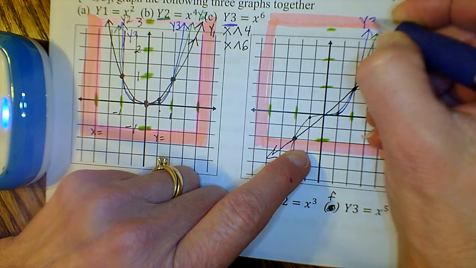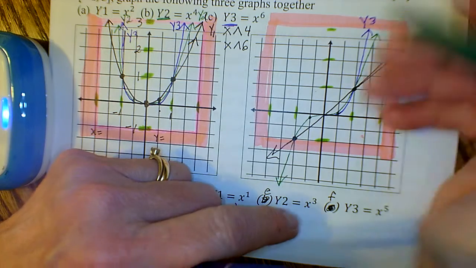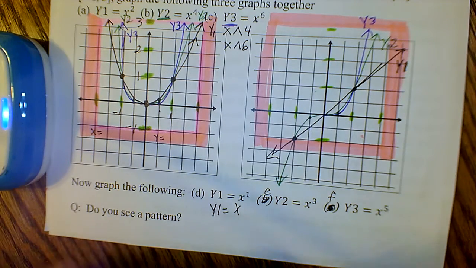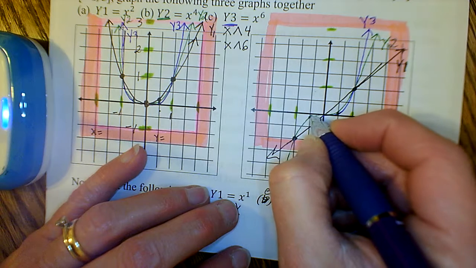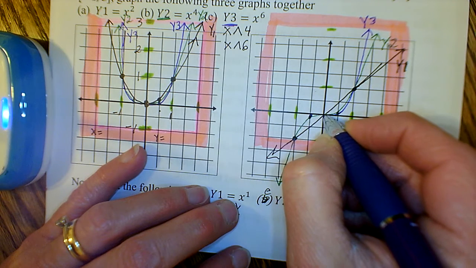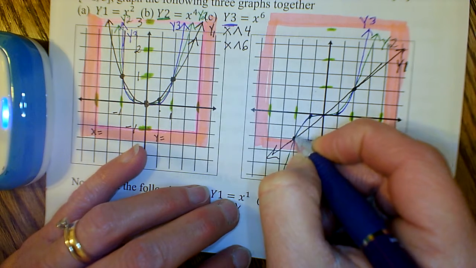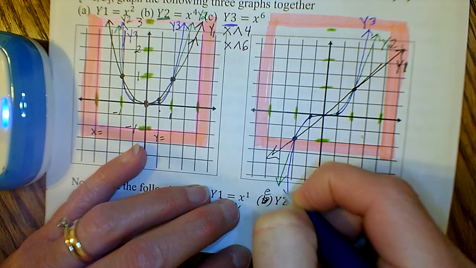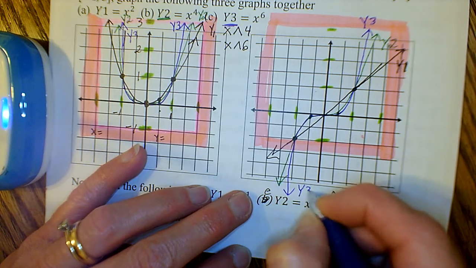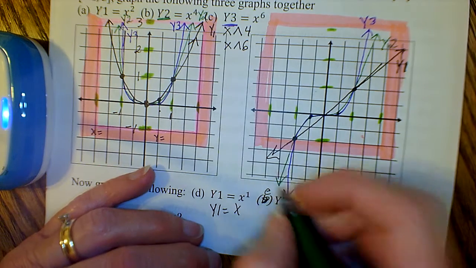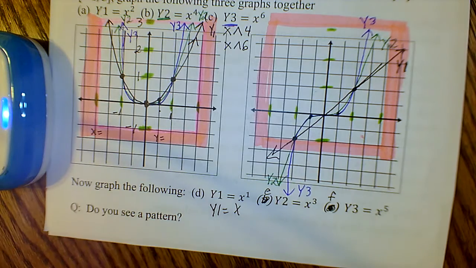So here's my y3 over here. Green line again was my y2, just like it was on that first one. And so on this side, again, really close to the x-axis as we're on the negative side, and then it'll straighten out and head up. And so here's y3 over here, and of course this was y2 over there.